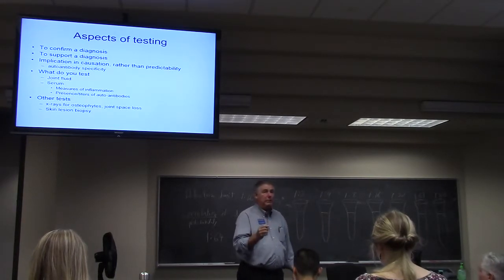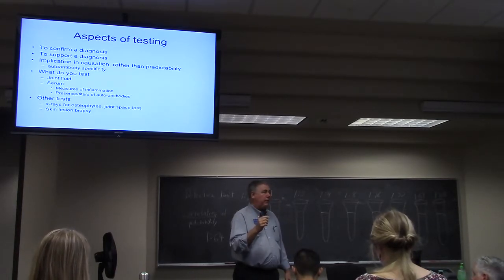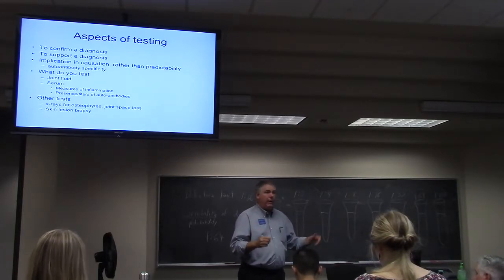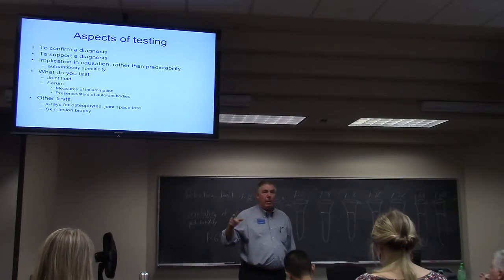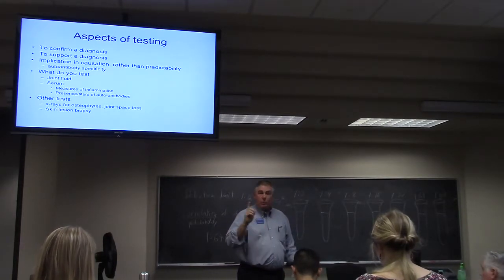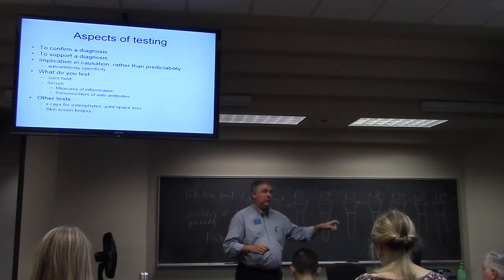Like if you have a positive lab test for a positive RPR or VDRL, and followed it up with an FTA, fluorescent antibody screen, and it's positive, you have syphilis.